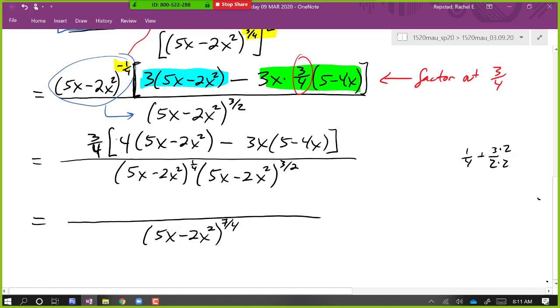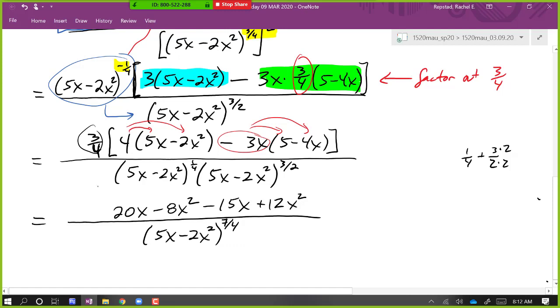In the brackets up here, if I distribute, we've got 20x minus 8x squared, and then minus 15x plus 12x squared.